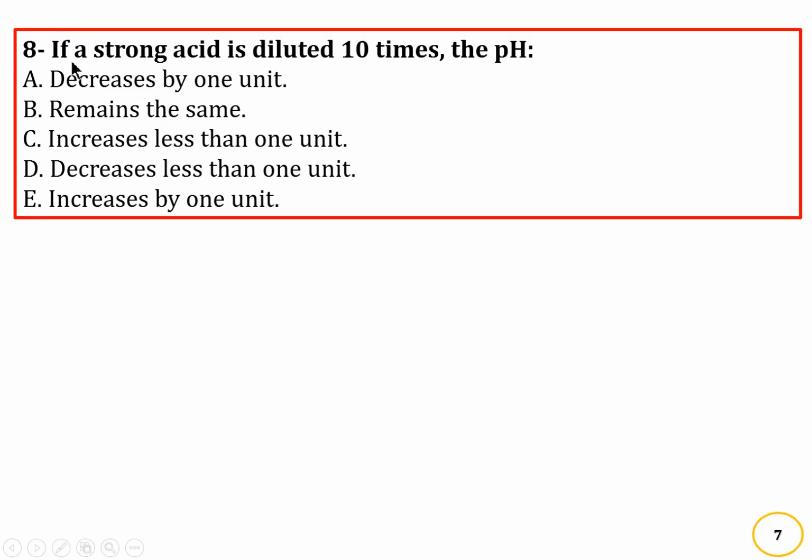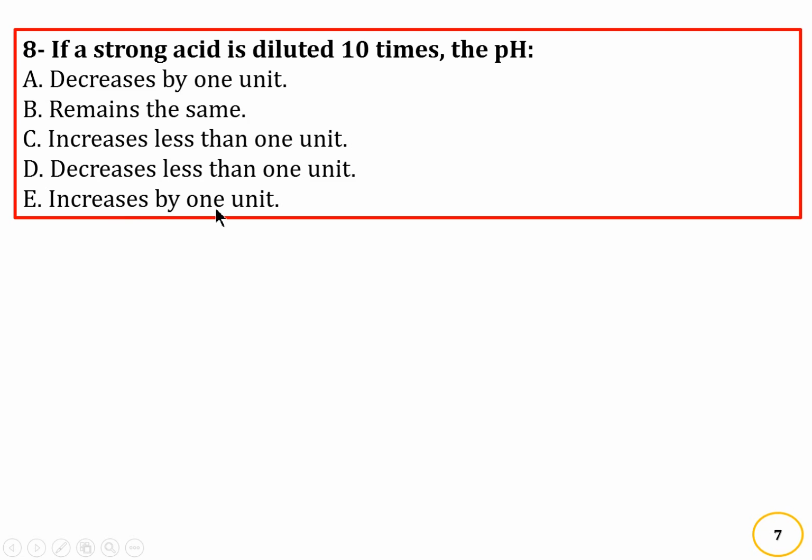Exercise 8: if a strong acid is diluted 10 times, what would happen to the pH? Decrease by 1 unit, remains the same, increase less than 1 unit, decrease less than 1 unit, or increase by 1 unit.